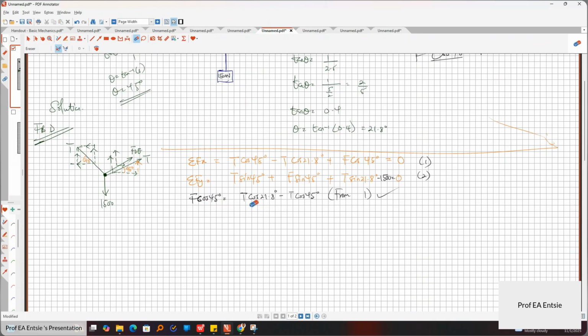So follow me. I made F cos 45 the subject from question one. Now make F sin 45 the subject.